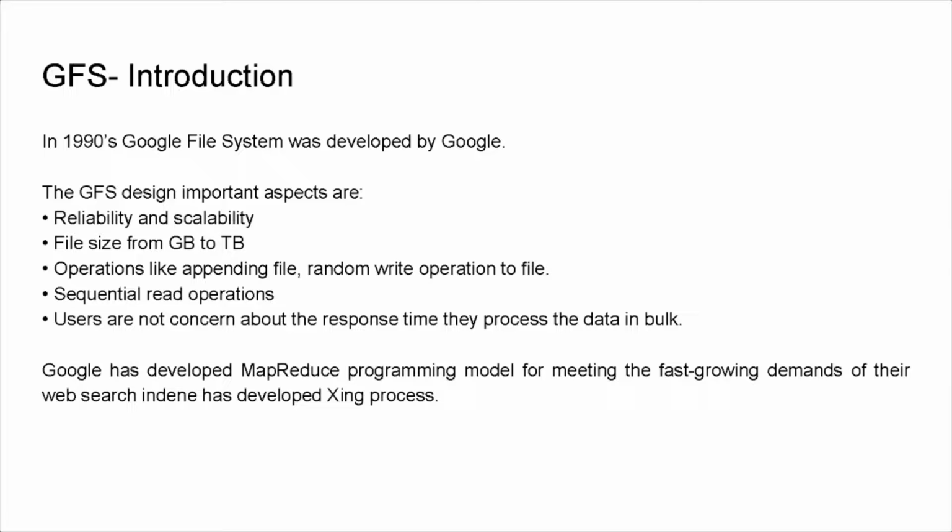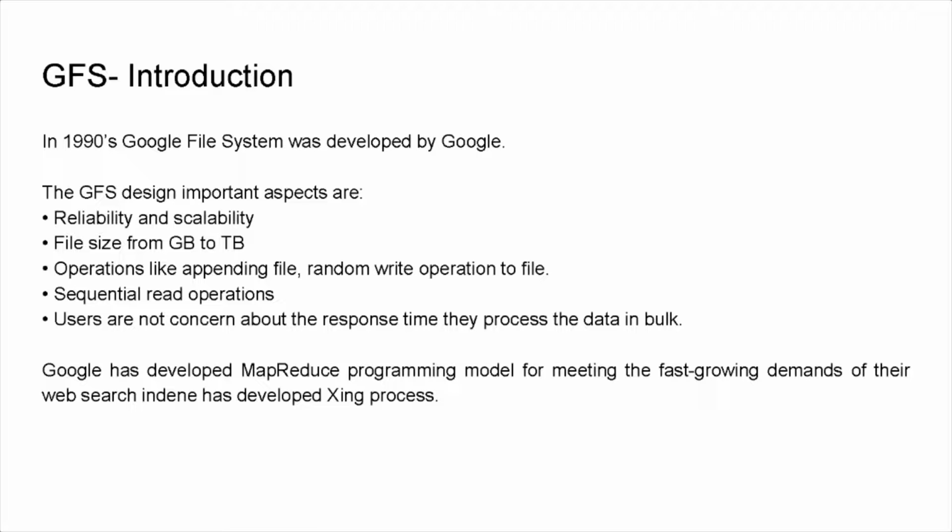In the 1990s, the Google File System was developed by Google. There are thousands of storage systems utilized by the GFS, built from low-cost commodity components. These systems offer many users petabytes of storage for their varied requirements. GFS design's important aspects are reliability and scalability, file sizes from GB to TB, and operations like appending to a file, random write operations to a file, and sequential read operations.